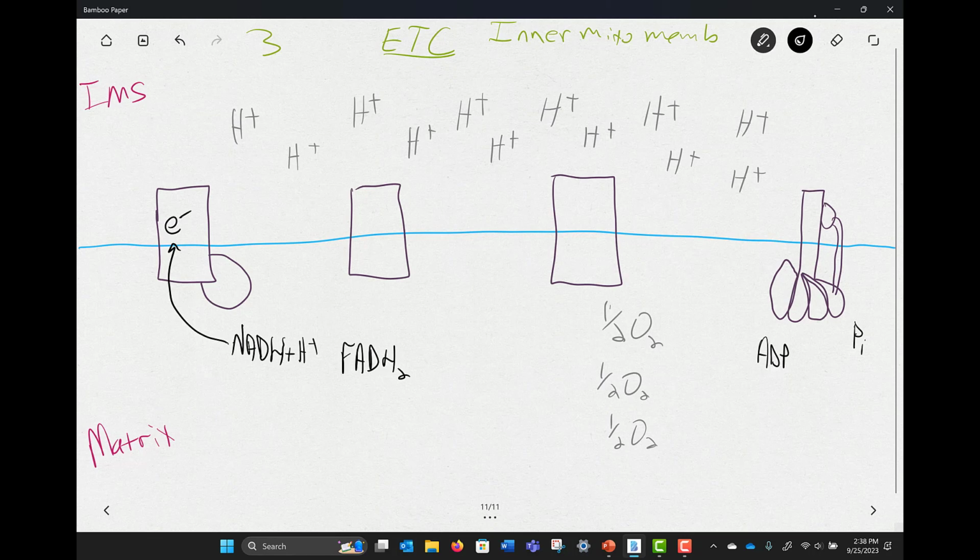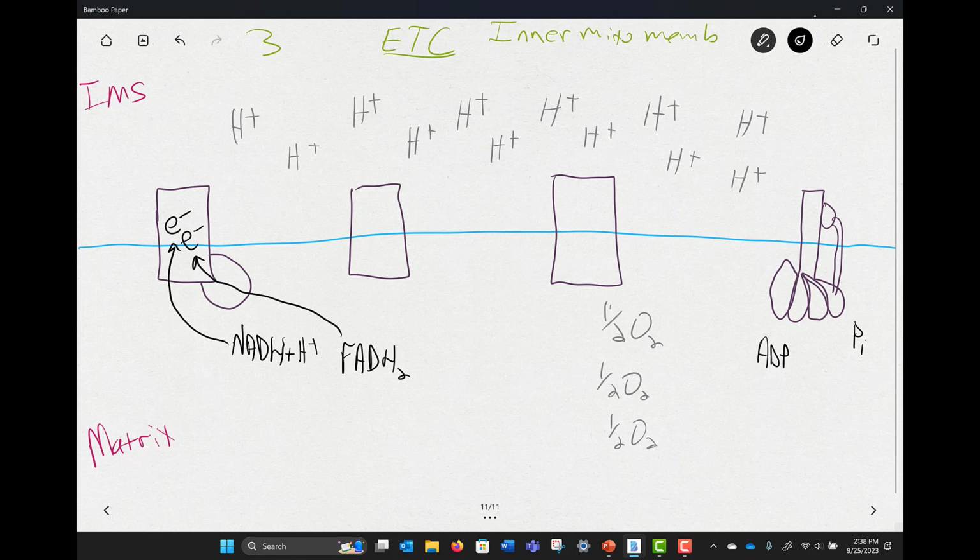And that weird little side protein, he also really likes electrons, but his shape doesn't allow him to take them from NADH plus H plus. He does allow them to take electrons from FADH2, and then they are passed into that first protein. So all of that NADH plus H plus and FADH2 that we produce along the way goes to the mitochondrial matrix, and then all of his electrons are stolen by that first protein.